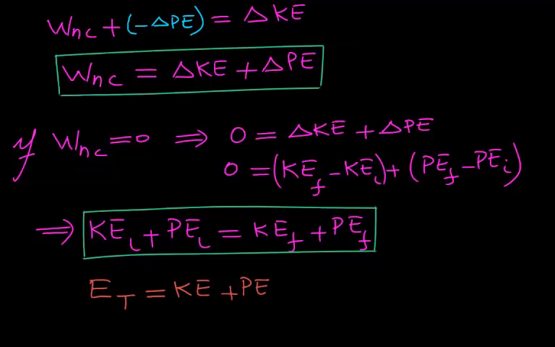That's not always the case. It's possible that you have forces which are non-conservative acting on your object. But what do we want them to do? We want them to cancel each other out. So the work done by some is going to cancel the work done by the others. As long as the work done by non-conservative forces equals 0, this relationship applies. And it is a very useful relationship that we are going to use very often anytime the work done by non-conservative forces equals 0.